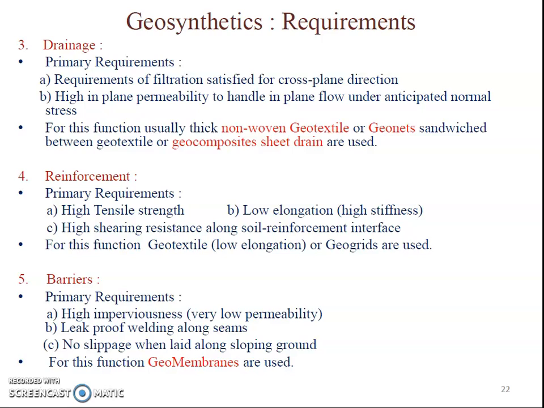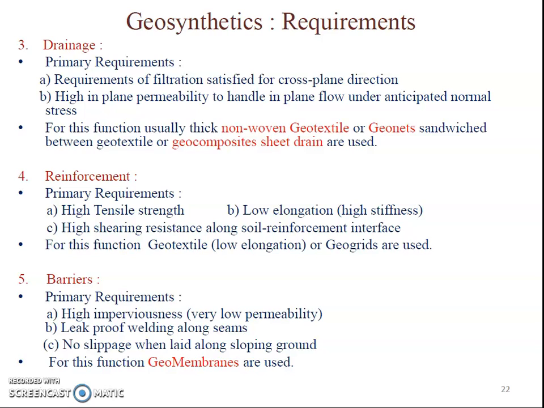So in the cross-plane direction the filtration requirement should be satisfied, and there should be high permeability.